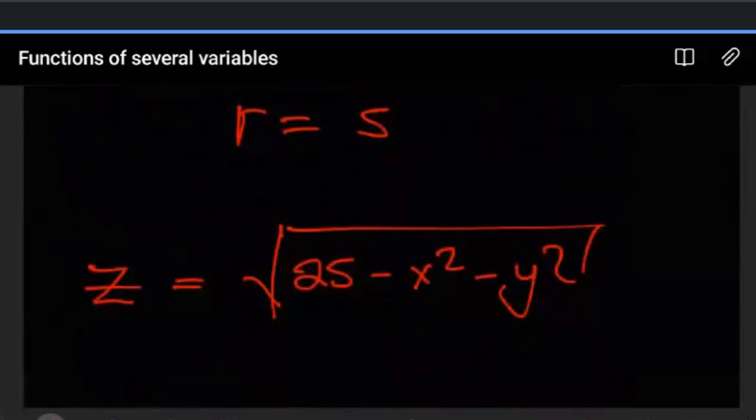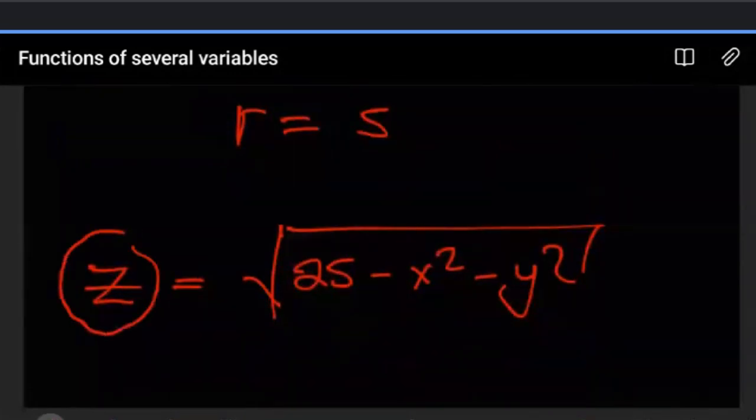But now I am saying that in this case, you are only looking at positive values. It is still that sphere, but the values of z are restricted to only positive terms. Because when you square root, perhaps we should have added plus or minus. But the fact that we only have the positive term here implies that in our sphere, we are only looking at the section where we have positive values of z.